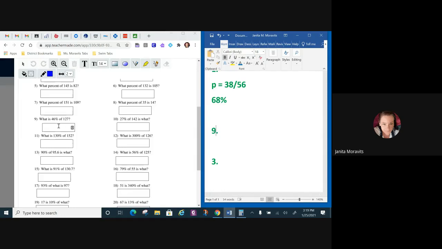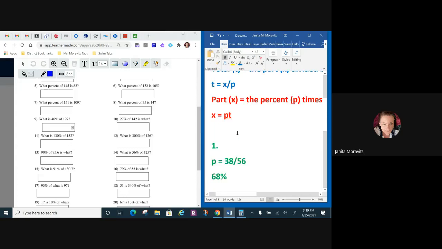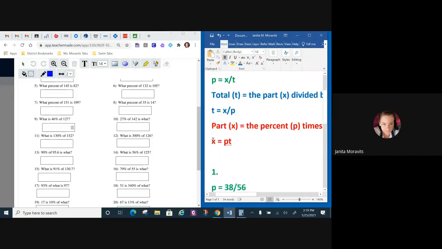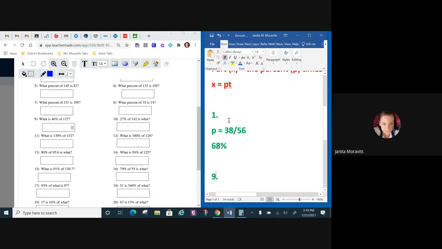What is 46% of 127? We're looking for the part. So our part, X, equals the percentage times the total.